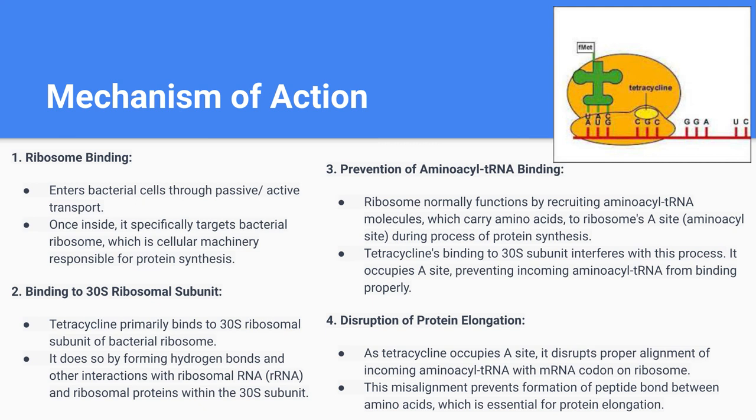So when a tRNA is carrying an amino acid, it is called aminoacyl tRNA. So basically it prevents this aminoacyl tRNA attachment to the ribosome. So that's the point. Understood? So this is the basic difference.